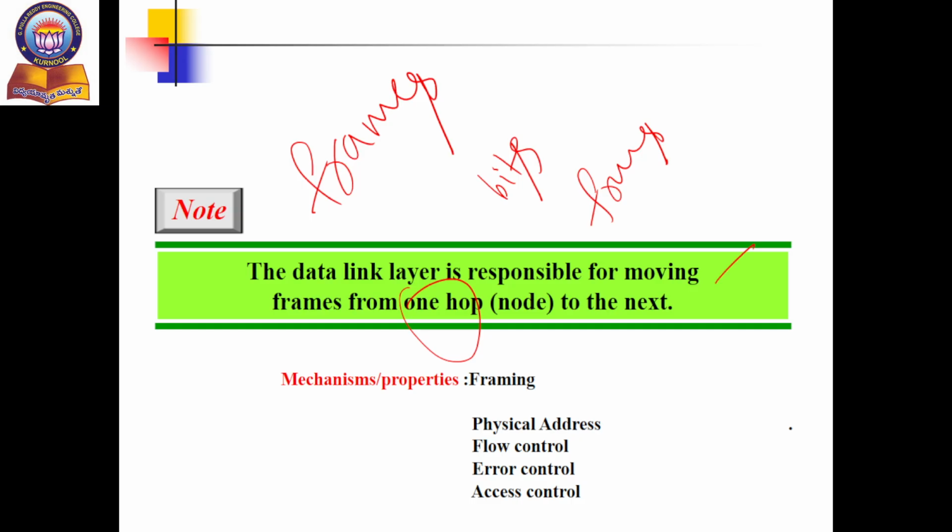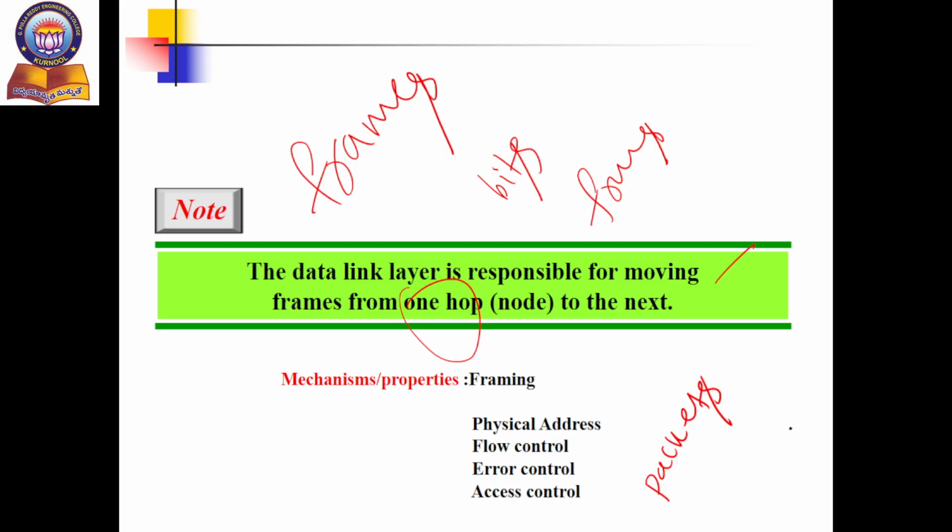In the physical layer, we name the data bits. And when you go to the network layer, we name the data packets.